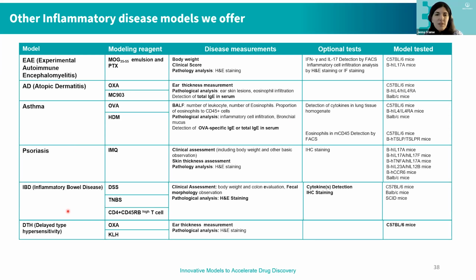We are in the process of adding more models to our website, so be sure to check our newsletters, social media, and be sure to reach out to us for questions if you're interested in a certain disease model.